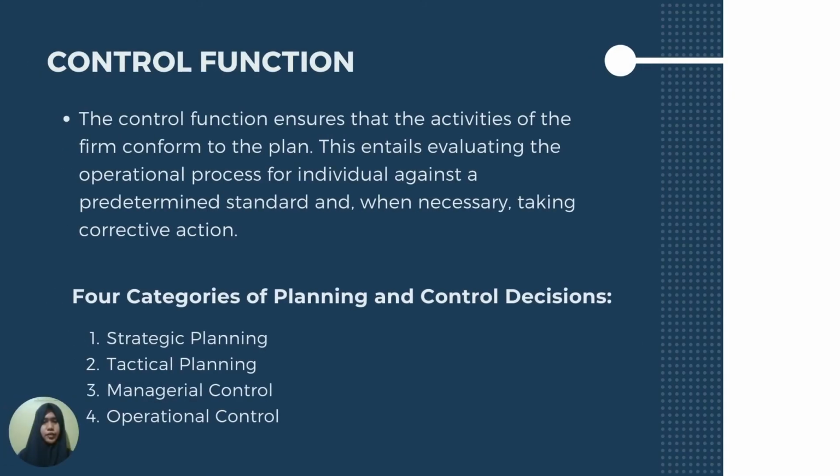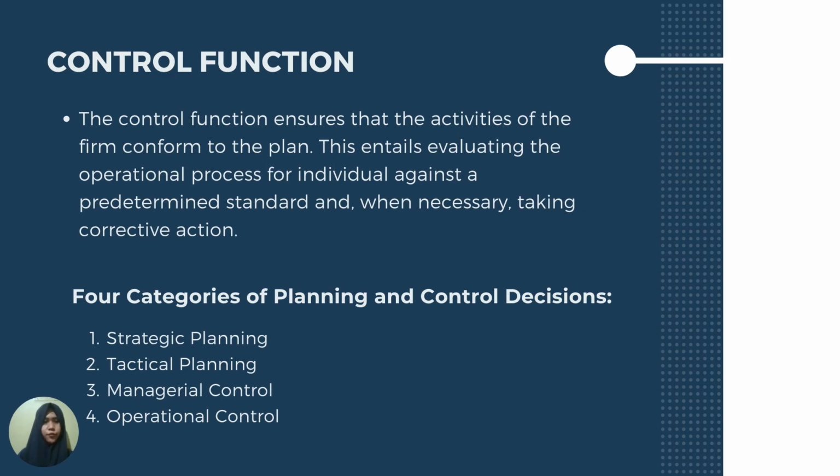So we also have here the control function, and this ensures that the activities of the firm conform to the plan. This entails evaluating the operational process against a predetermined standard and, when necessary, taking corrective action.